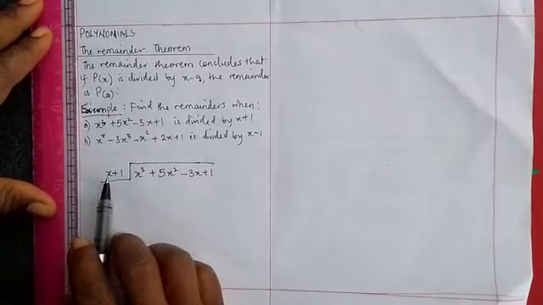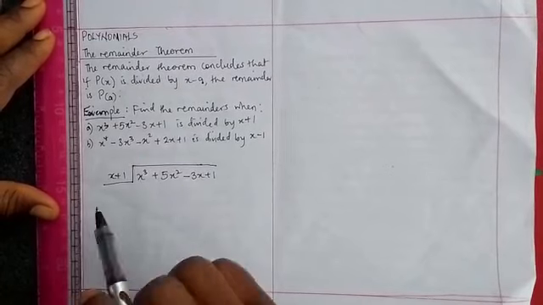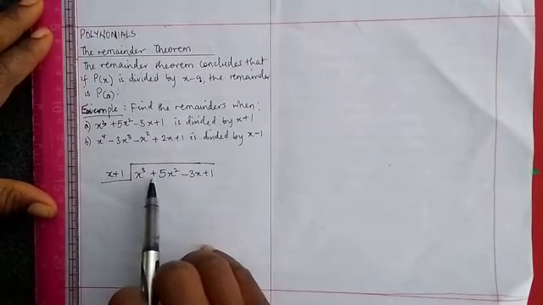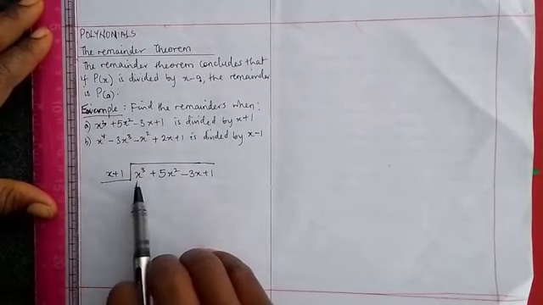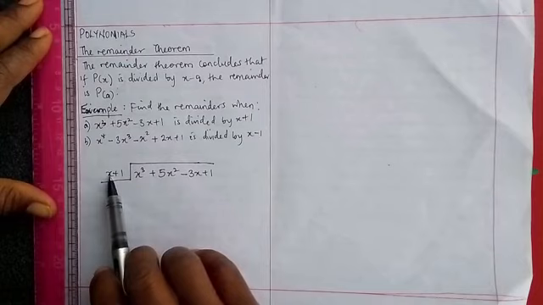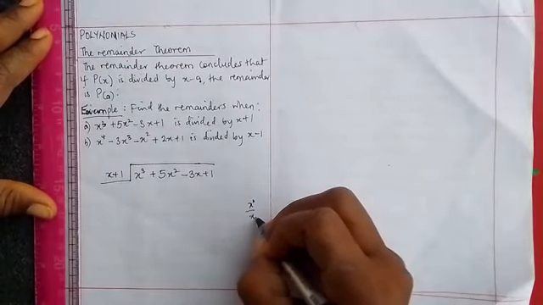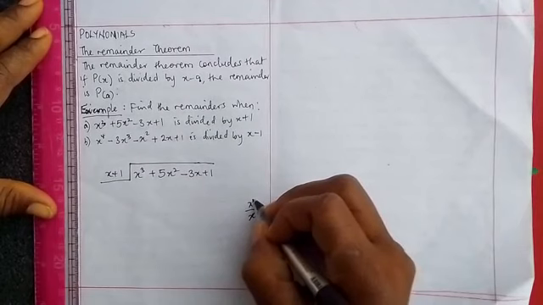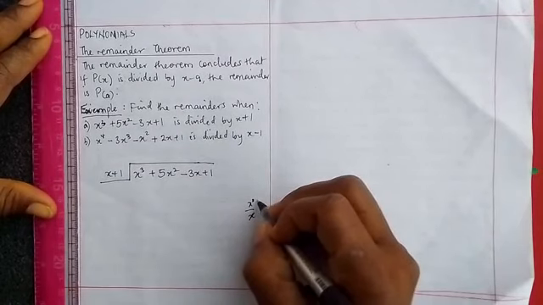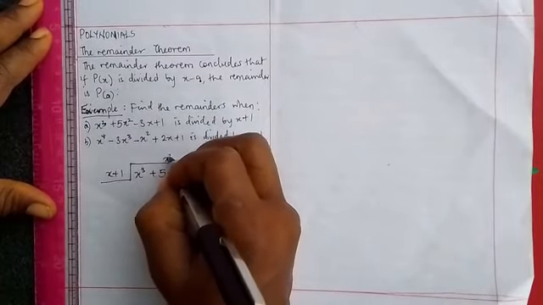Recall that we use x to divide everything here. So x cubed divided by x gives us x squared.